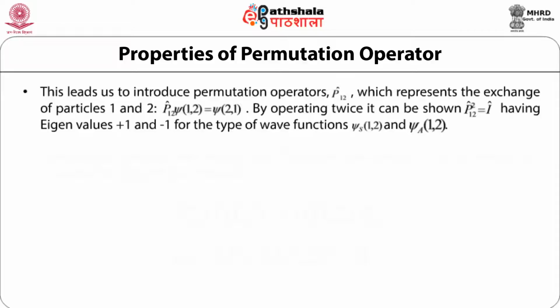That means the effect of the permutation operator P12 acting on the wave function psi12, where particle 1 is in state alpha and particle 2 is in state beta, yields the wave function where particle 2 is in state alpha and particle 1 is in state beta.